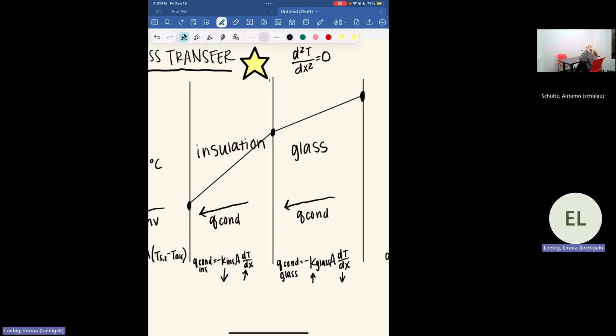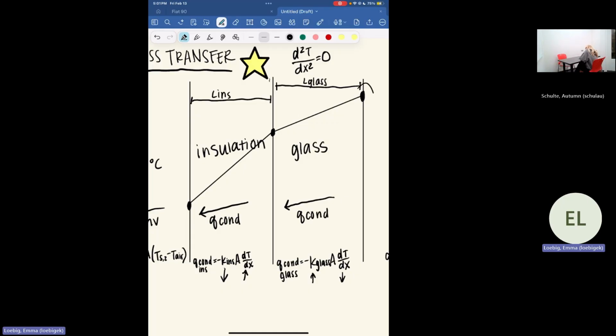We can also say that each of these materials has some thickness, which we'll call L. To keep it consistent, I'm going to put this as L glass, the thickness of the glass, and this is the thickness of the insulation, so I'm going to put L insulation.